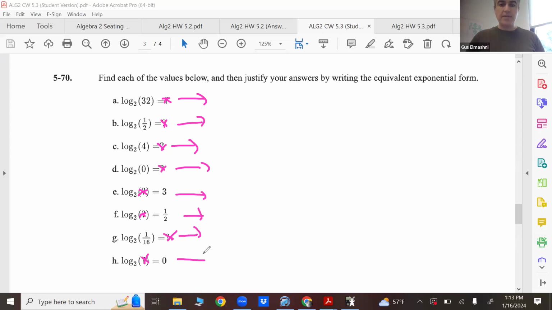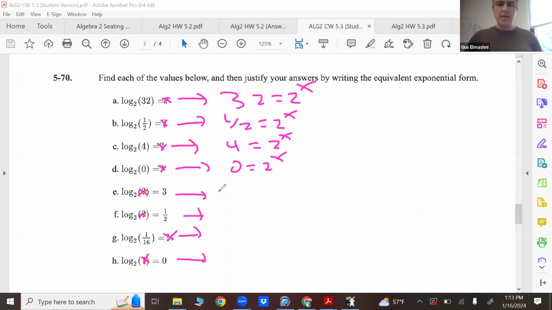So 32 equals 2 to the x. 1/2 equals 2 to the x. 4 equals 2 to the x. 0 equals 2 to the x. x equals 2 cubed. x equals 2 to the half. 1/16 equals 2 to the x. x equals 2 to the 0 power.